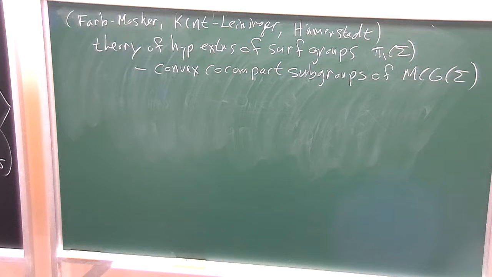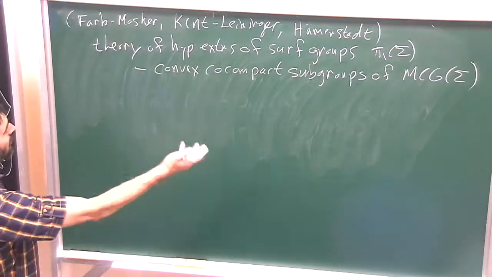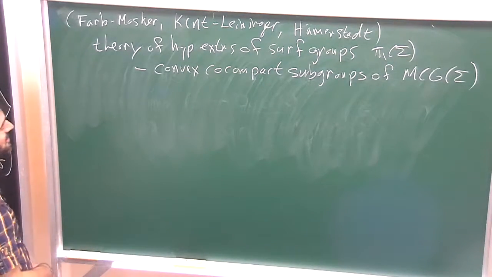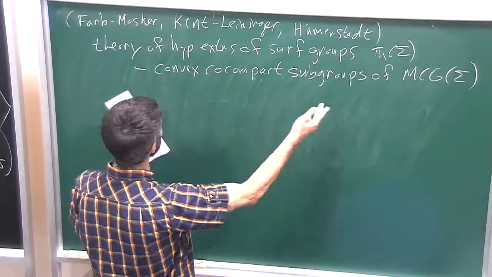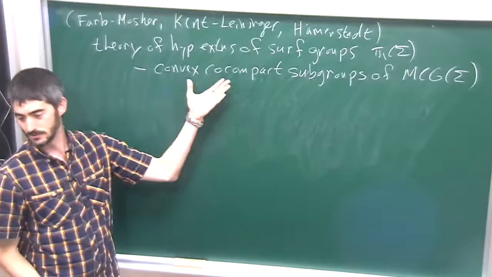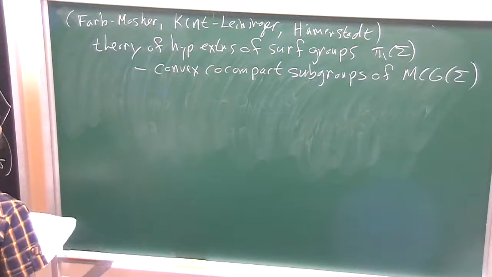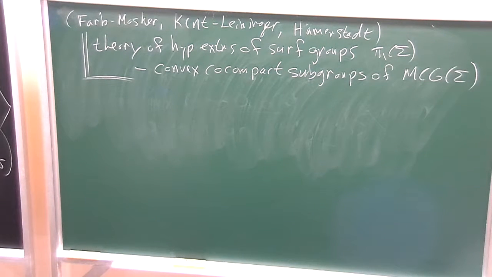There's a theory of convex co-compact Kleinian groups, and using this analogy of Teichmüller space with hyperbolic space and so on, they gave this definition, and they showed that sometimes those give hyperbolic extensions of surface groups. Then Kent and Leininger and Hamenstädt showed it was if and only if, and gave lots of nice results about these kinds of subgroups. So there's a very nice story there that I'm not going to talk about, because this is a mini course about Out(F_n).